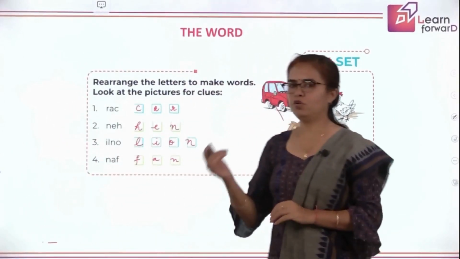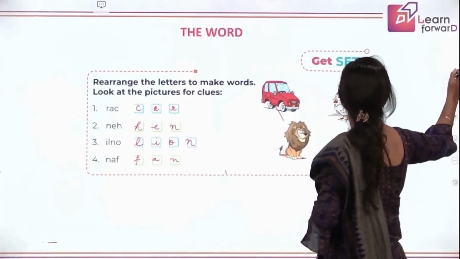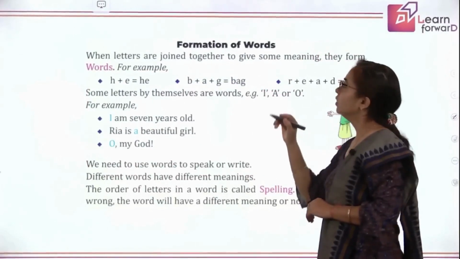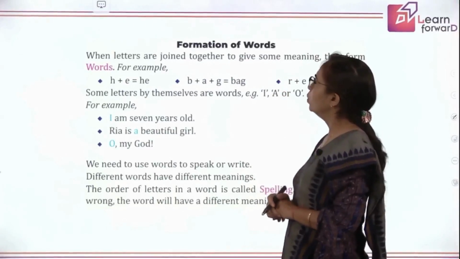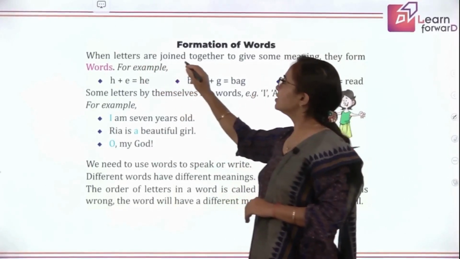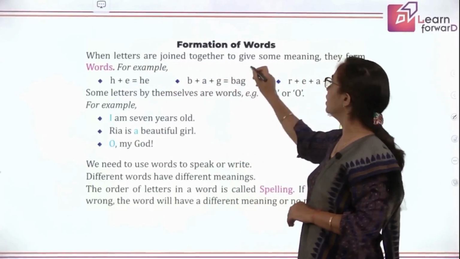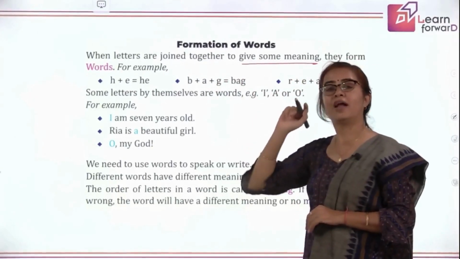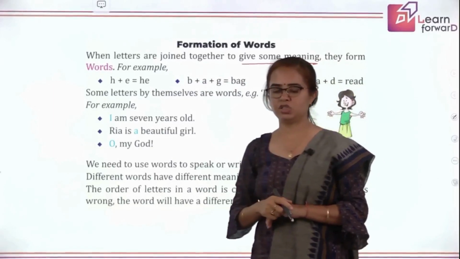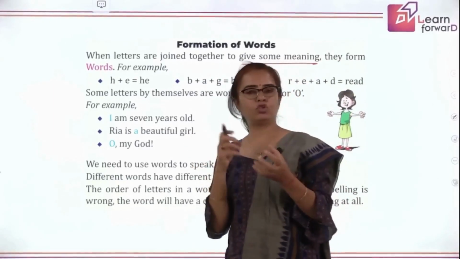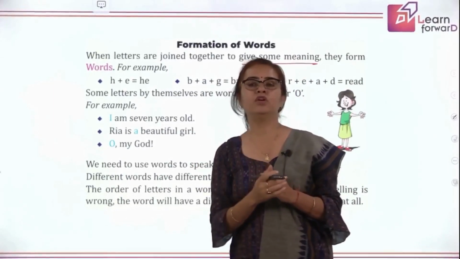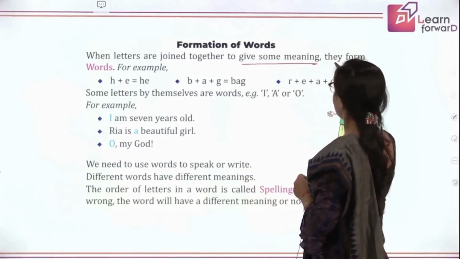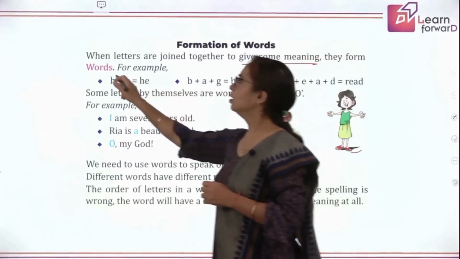Let's see what we have in store for you today now for the next grade. What are words? When letters are joined together to give some meaning. That is the foremost condition, that you have to join letters to get a meaningful word. That is, they form words.